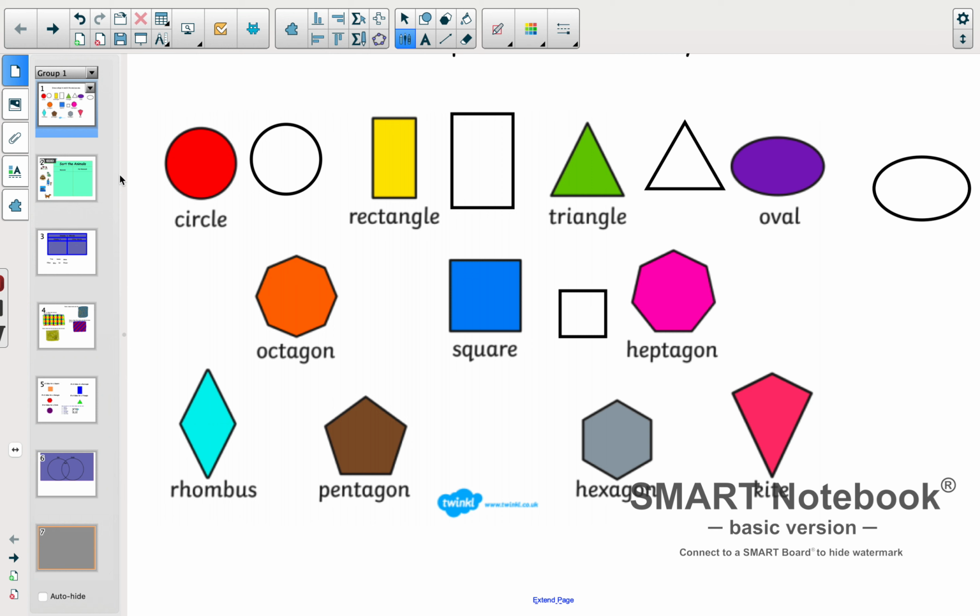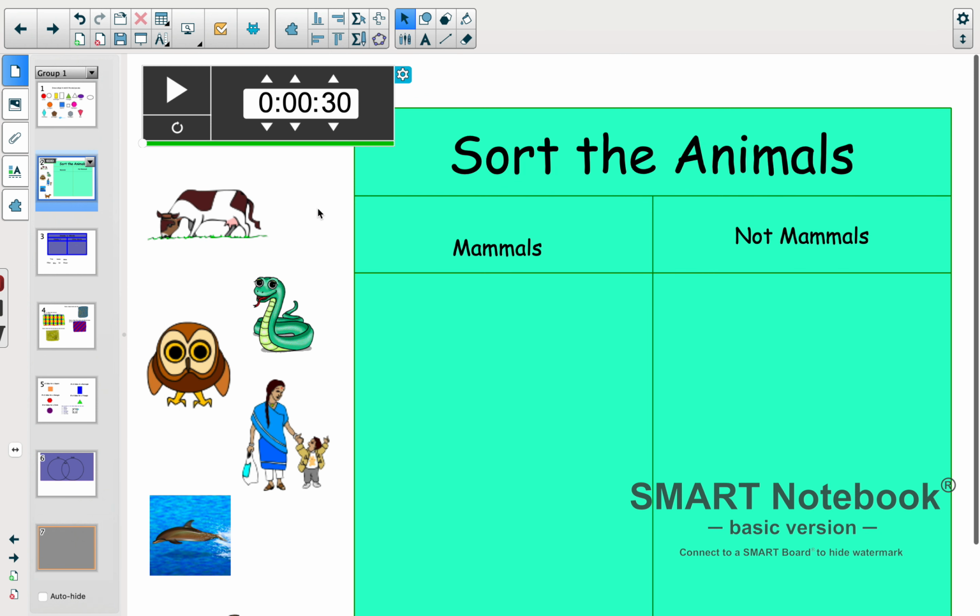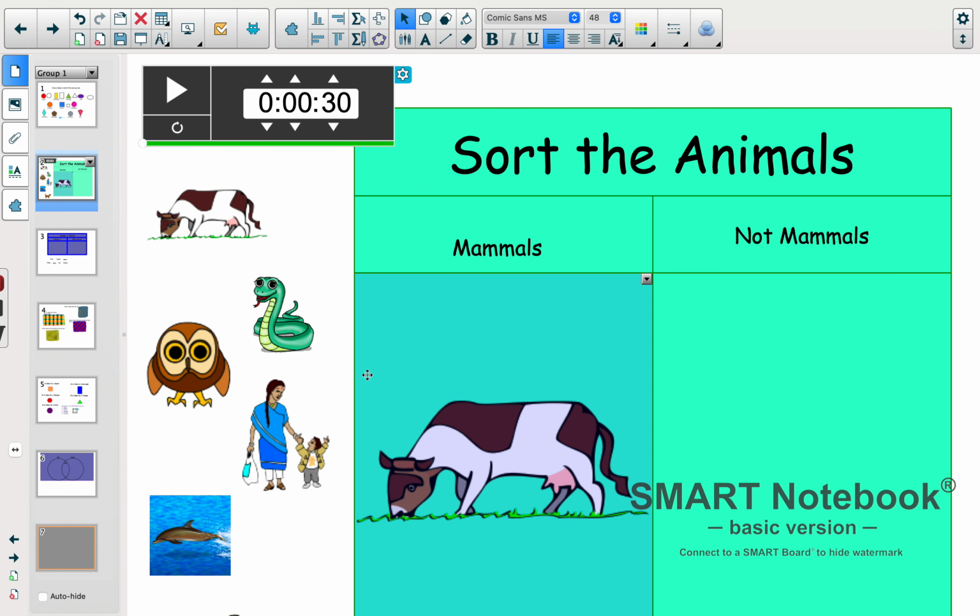Then, if we come down to my next slide, I have a table where I can arrange the different animals into categories by dragging them, and they are infinite cloning images.